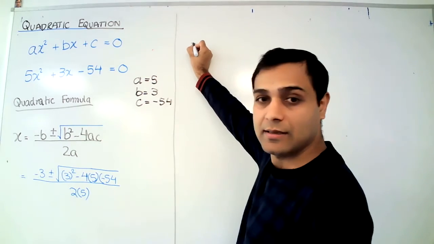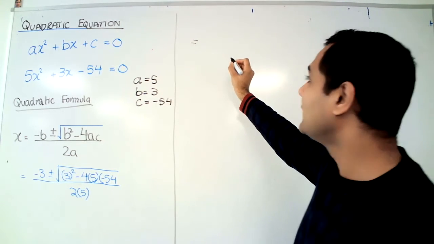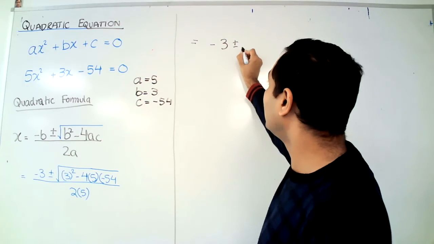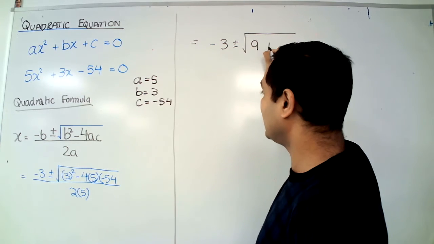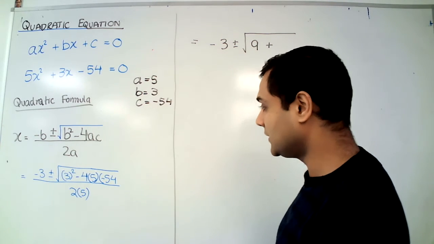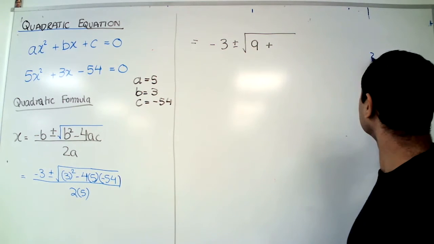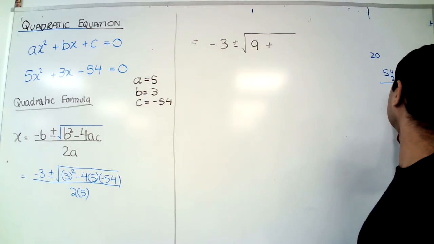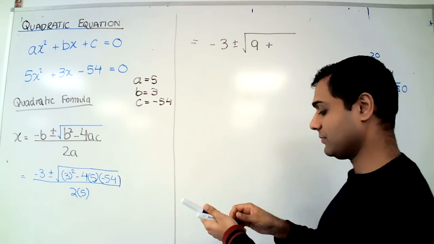I got minus 3, plus or minus the square root of 9, plus, can someone give me an answer to that one? 4 times 5 is 20. So 20 times 54 is 1080.